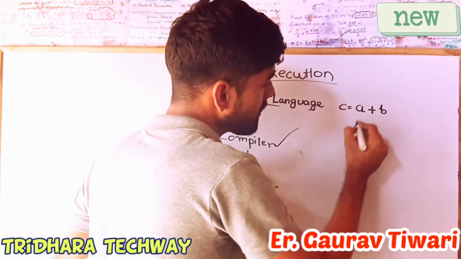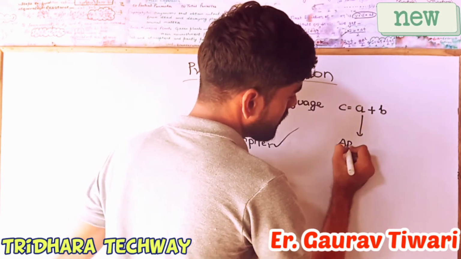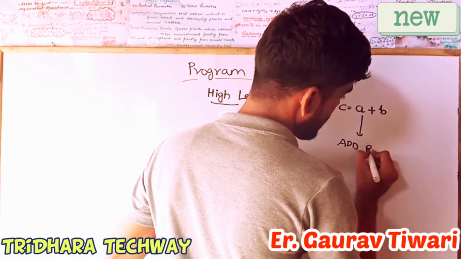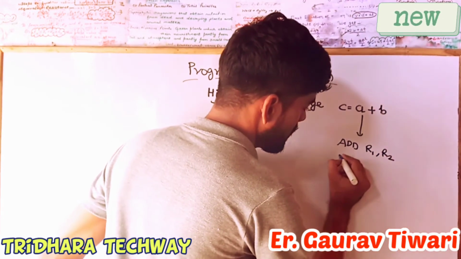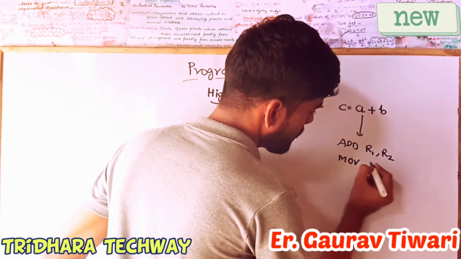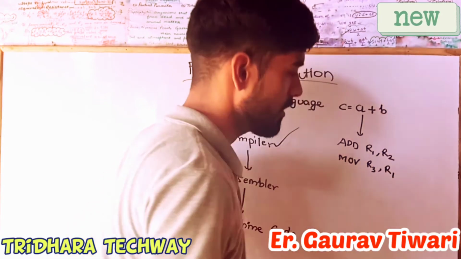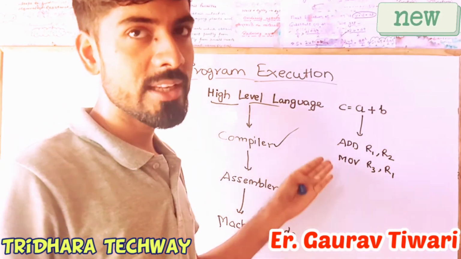It will be compiled and generate assembly language like add R1, R2, then move R3, R1. This will be our assembly code after the compilation.